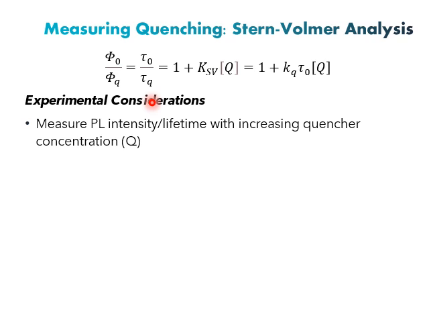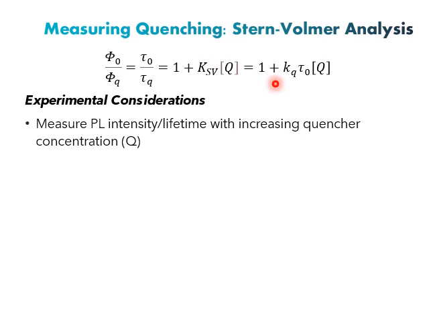Basically, rearranging the equations from the last slide a little bit, I'm not going to go through the derivation, but you derive what's called a Stern-Volmer relationship, where these ratios, phi 0 and tau 0, are the quantum yield and the lifetime in the absence of quencher, the native quantum yield and lifetime of the molecule. Phi q and tau q are the quantum yield and lifetime in the presence of a certain amount of quencher, and those are going to be reduced when the quenching process is occurring. So that ratio is going to have a simple linear relationship with an intercept of 1 and a slope that we call the Stern-Volmer constant, KSV.